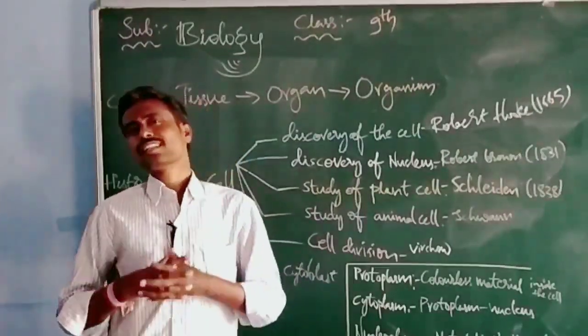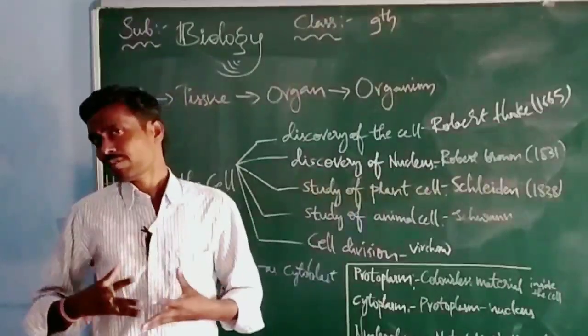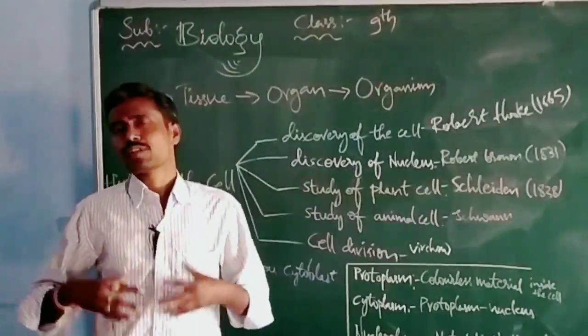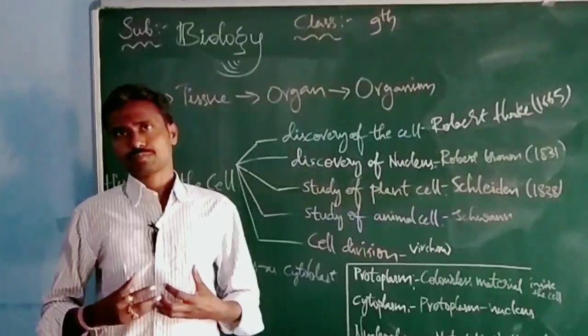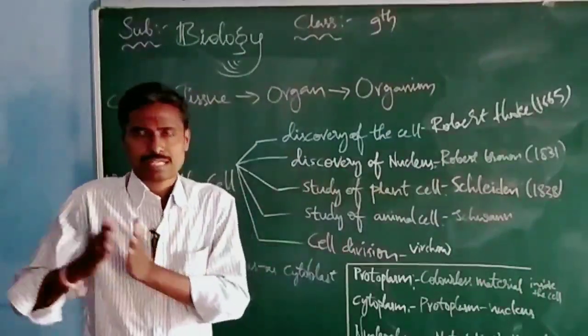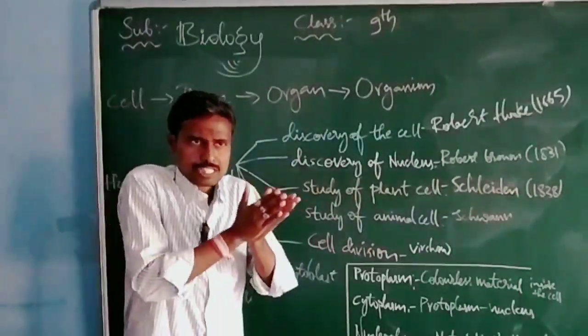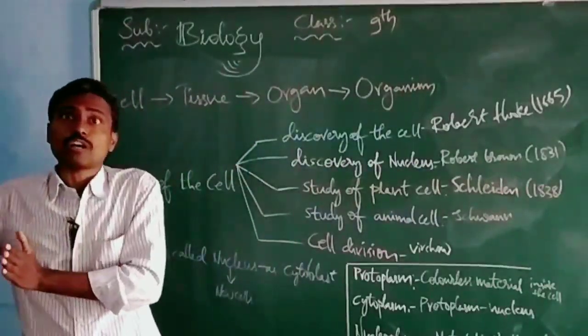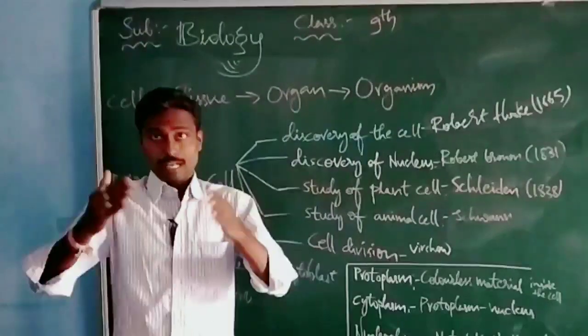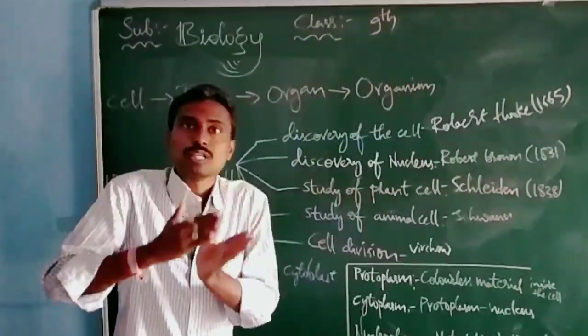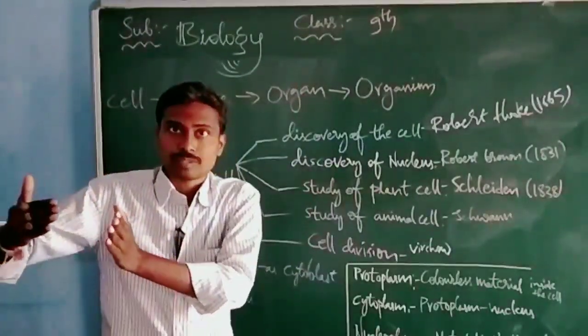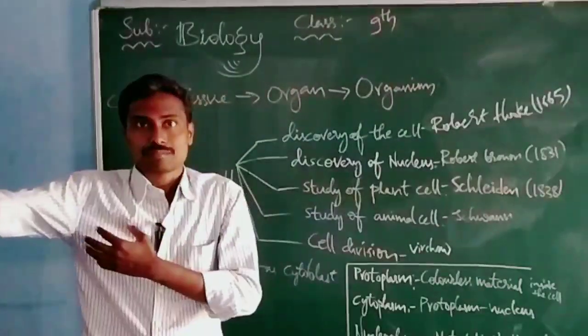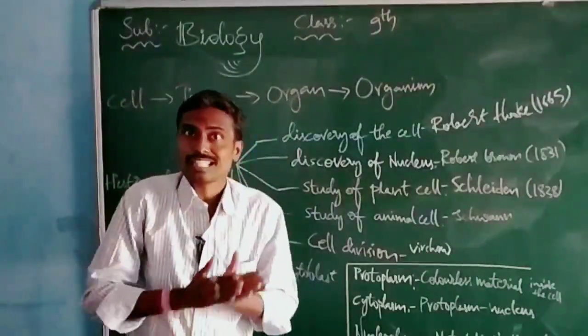Actually, what is the intention of our education? Whatever we are studying in the classroom must be utilized in our daily life, isn't it? In the same manner, whatever we are listening to in the classroom must be useful, must be applicable to our daily life. For example, whenever you listen to the nutrition lesson, you have to apply whatever you learned in the classroom.